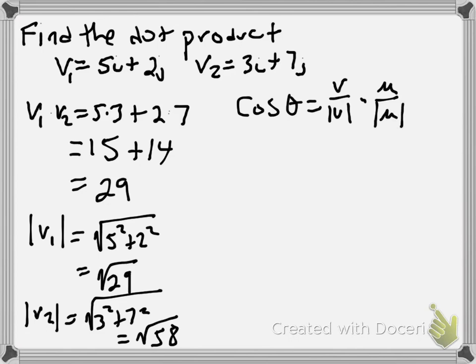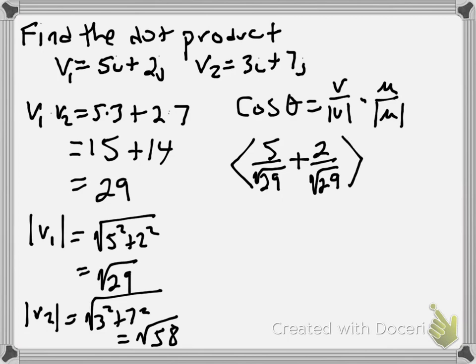So what I end up getting is my first vector, 5 over the square root of 29, plus 2 over the square root of 29, times 3 over the square root of 58, plus, sorry, 7 over the square root of 58.